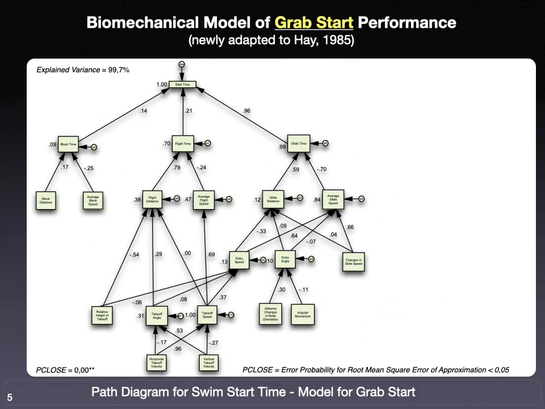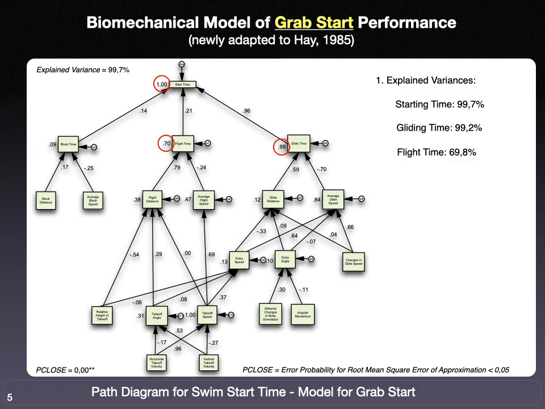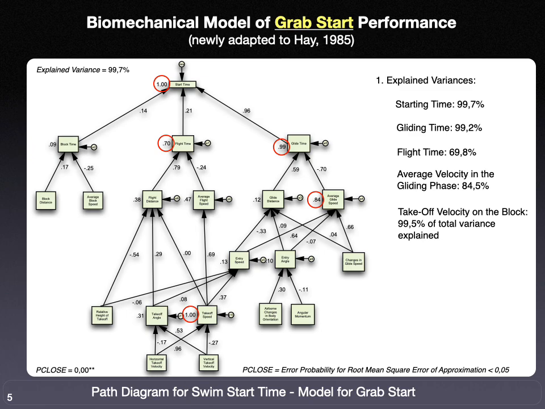For the grab start, explained variances were 99.9% and 99.2% for the start time and the glide time, 69.8% for the flight time, and 84.5% and 99.5% for the average horizontal velocity in the glide phase and the horizontal center of mass takeoff velocity on the block, as indicated by the red circles. Again, the path analysis model for the grab start provided a high external validity as indicated by the p-close value.